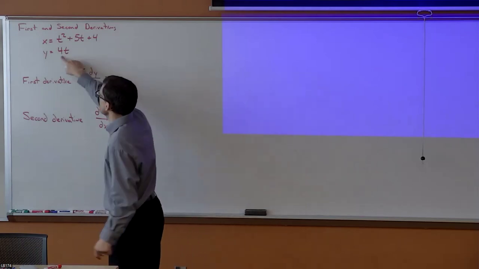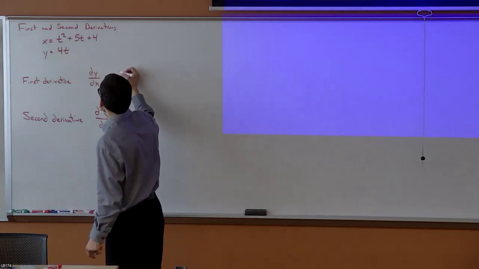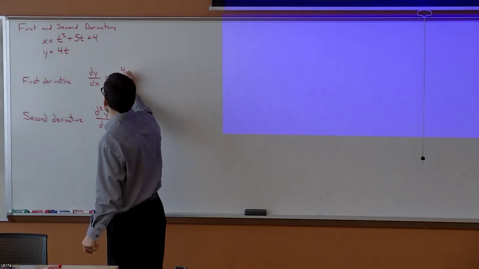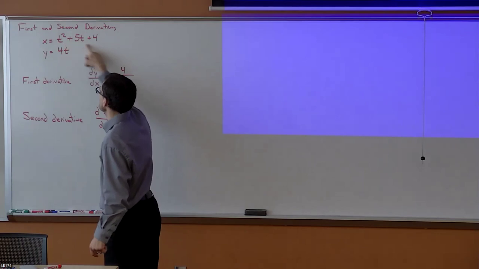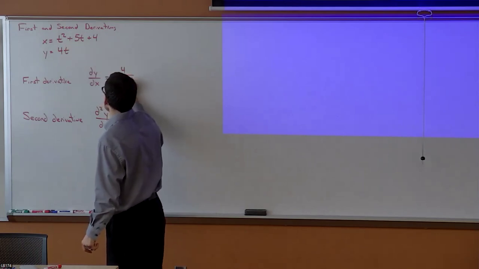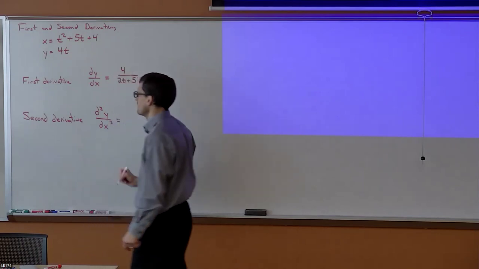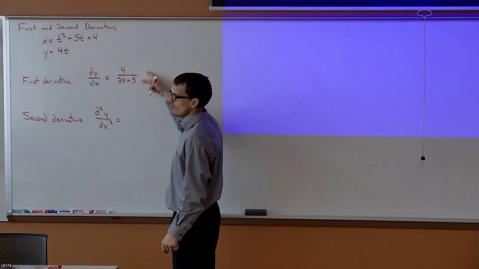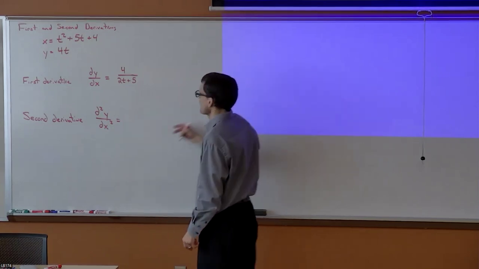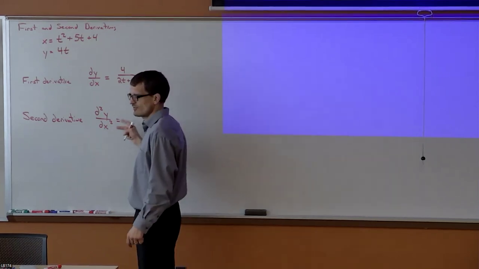First derivative, the derivative of y with respect to t would give me a 4 on top. The derivative of x with respect to t gives me 2t plus 5 in the denominator. Now, I'll do this first, okay?